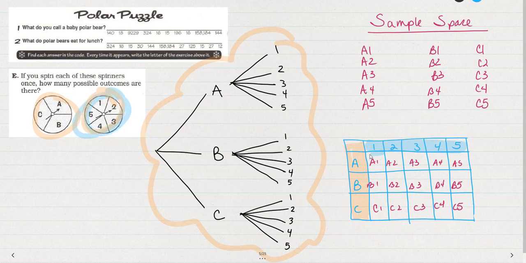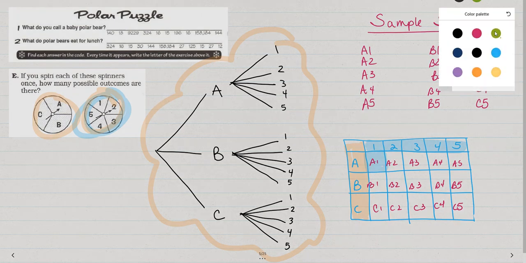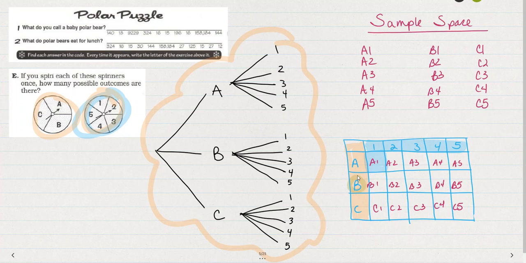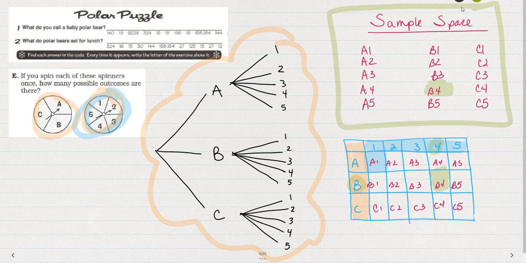And so this element is an A1 and so on, right? Do you see this, like the cross between the B and the 4 is this element in the sample space, B4, and so on. So that's one other way that you could get a list of the sample points that make up the sample space.